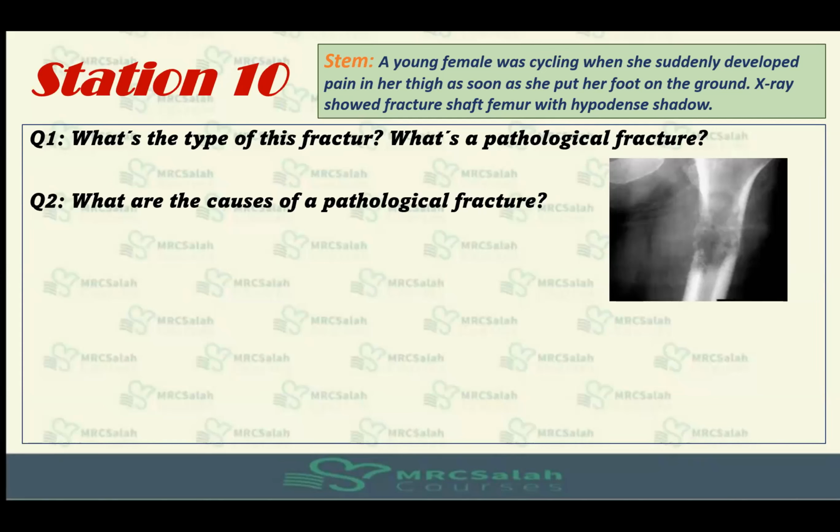It is a bone fracture without adequate trauma caused by a pre-existing pathological bone disease. What are the causes of a pathological fracture? Osteomyelitis, osteoporosis, osteomalacia. Classify: neoplastic and non-neoplastic. Neoplastic like multiple myeloma, osteosarcoma.